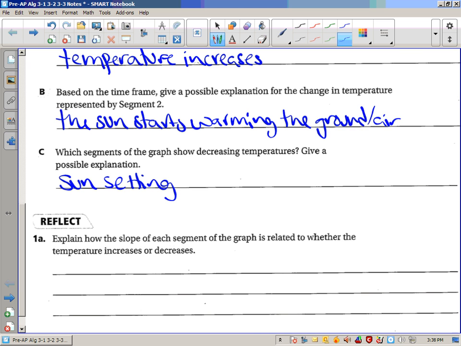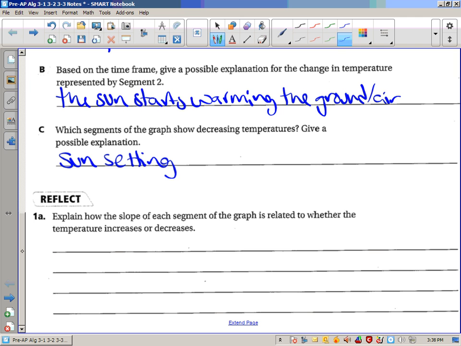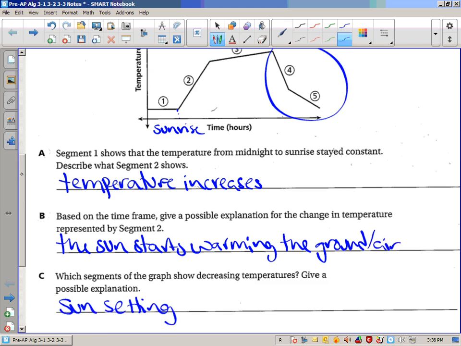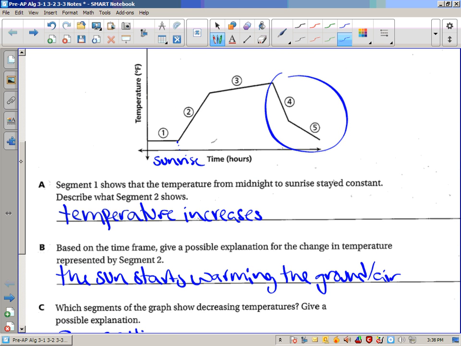So if we were to think about, instead of just using our instinct, thinking about it in terms of mathematics and graphs, how could the slope of each segment of the graph be related to whether the temperature increases or decreases? As a review about slope, slope is rate of change. It is a steepness or tilt of a line. So 1 does not have a slope, it's flat, there's no tilt.